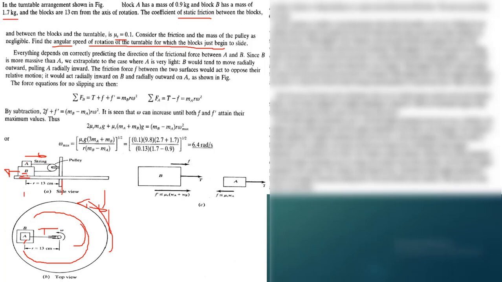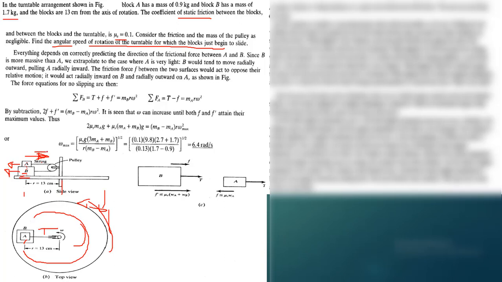Since it has more weight, it forces A to be pulled inward. So as this is moving inward, there is friction between A and B.